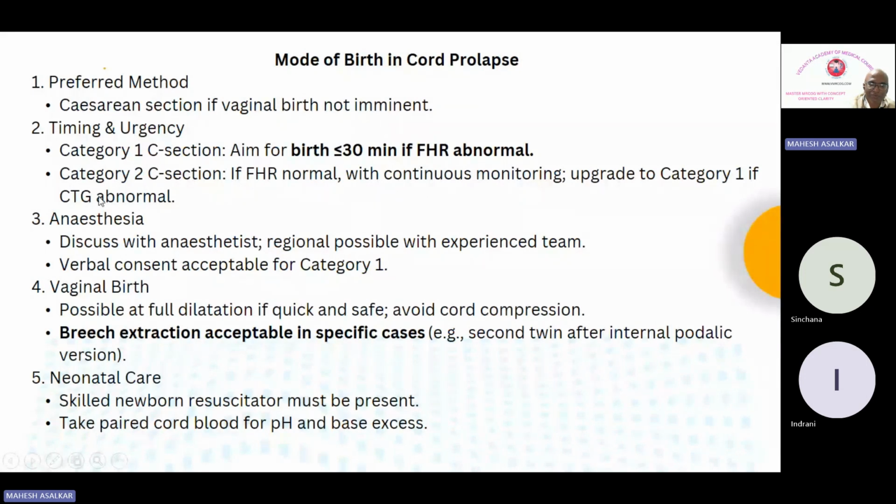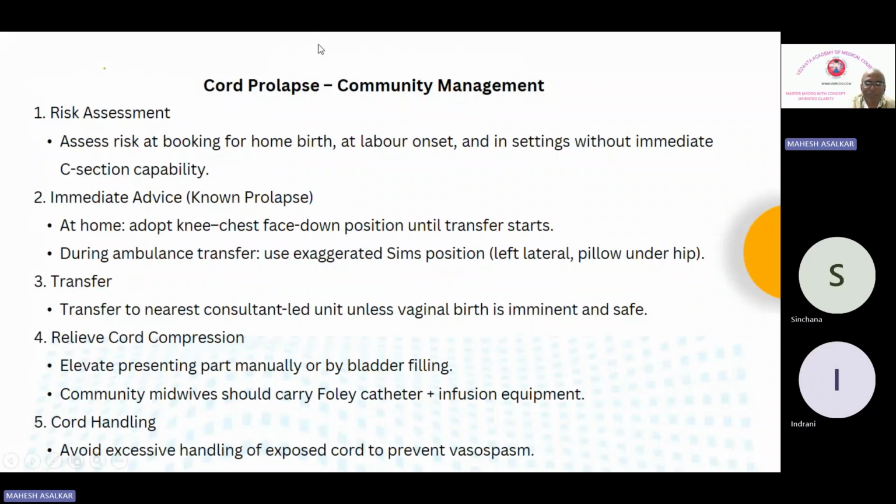Okay, so in the preparation, either the delivery will be by the category 1 or category 2 cesarean section, or there may be breech extraction, or there may be instrumental delivery if the patient is fully dilated, but the pediatrician should be ready and paired cord blood sample for pH and base excess we have to collect. Okay, so look for these options in your question.